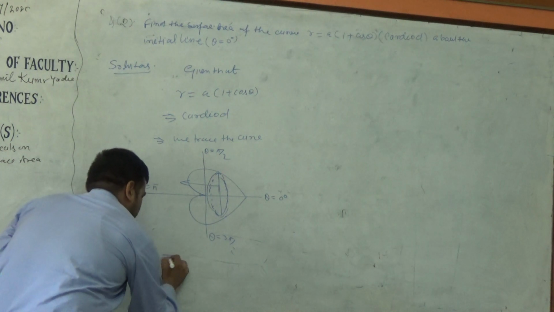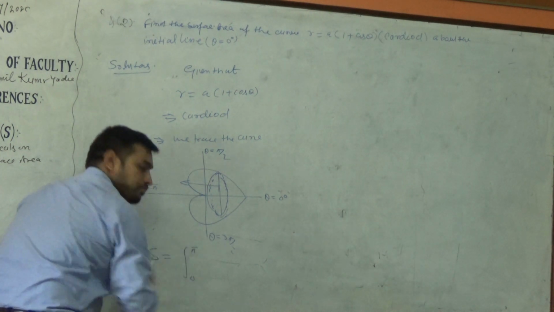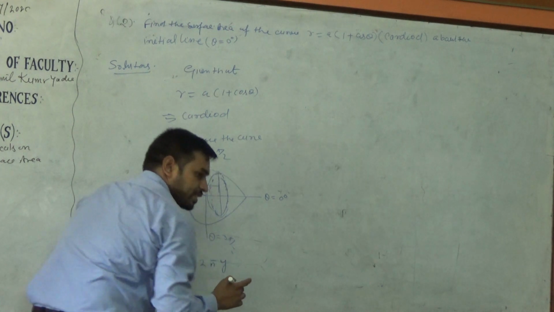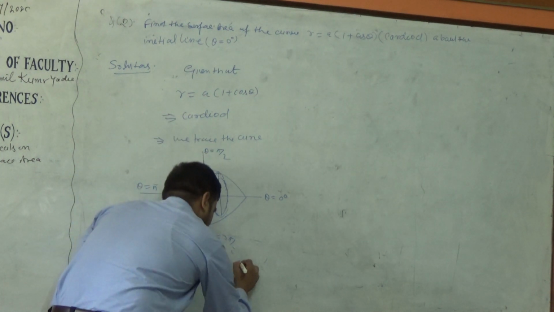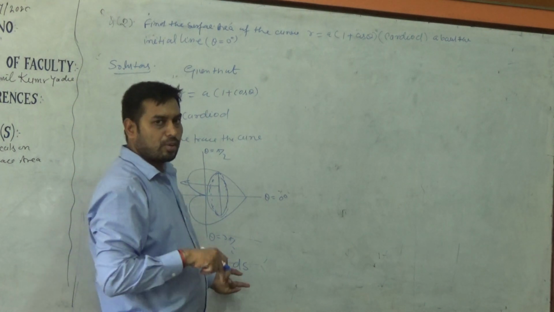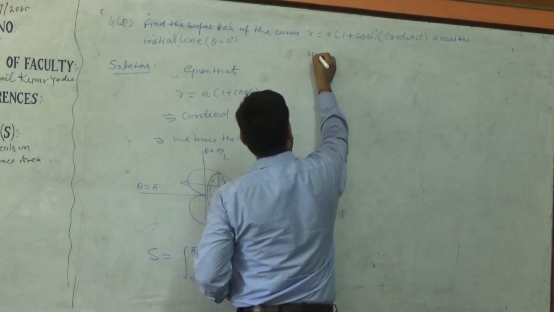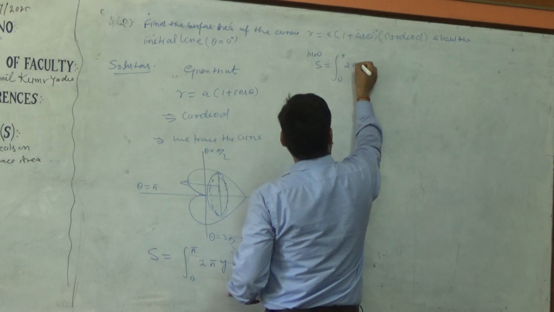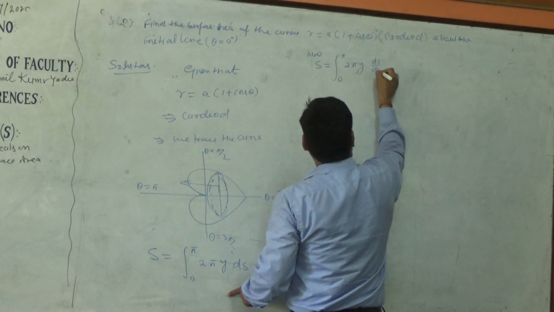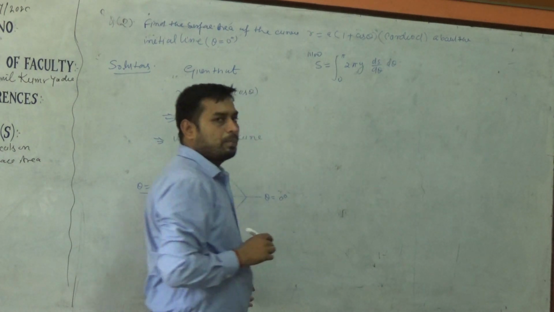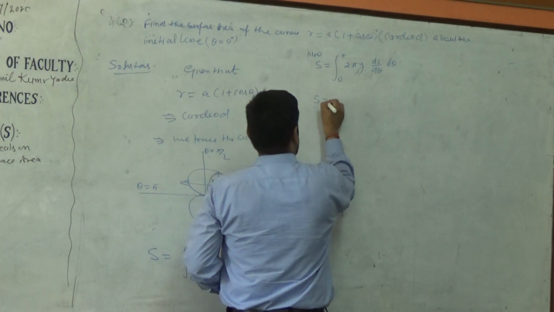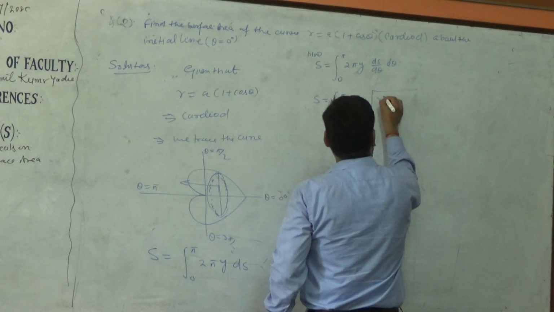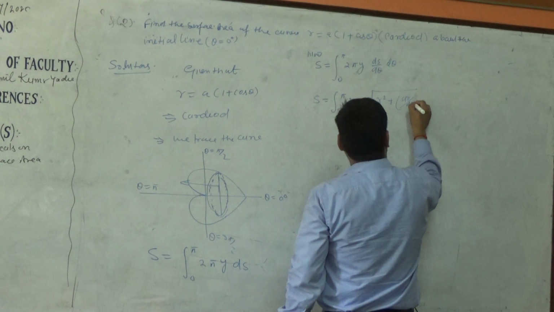Then the surface area S equals the integral from 0 to pi of 2 pi y ds, and ds can be written in terms of theta: S equals the integral from 0 to pi of 2 pi y times ds by d theta into d theta, where ds by d theta is under root r square plus (dr by d theta) whole square.